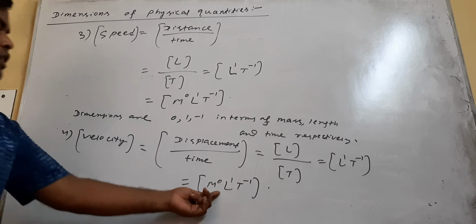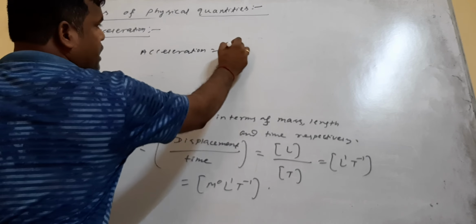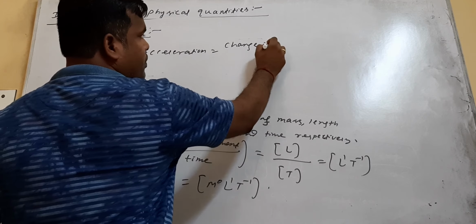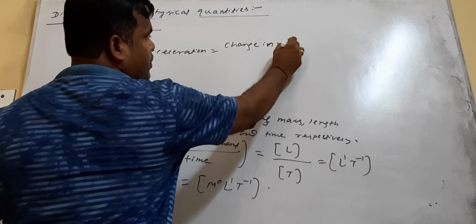Acceleration is change in velocity divided by time. Therefore, for the acceleration dimension, the velocity dimension is L1 T minus 1, meaning change in velocity has the same dimension as that of velocity.